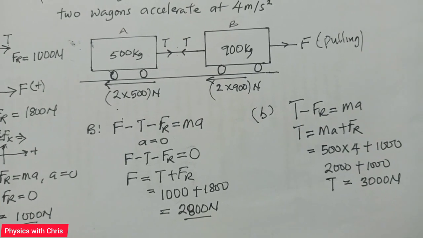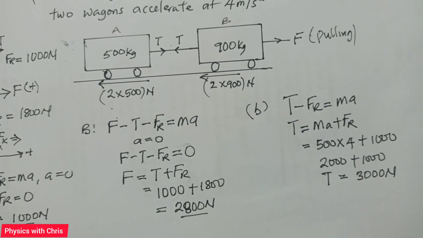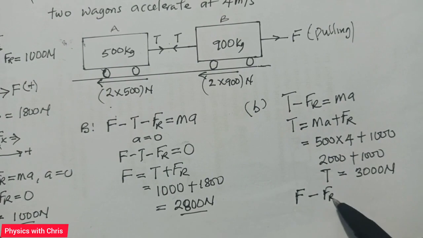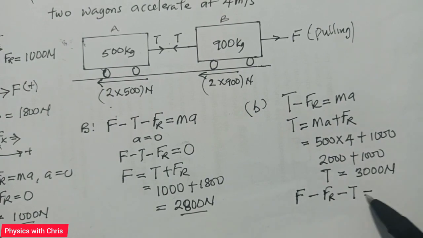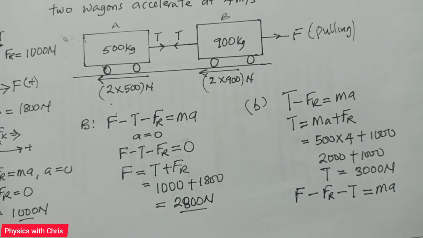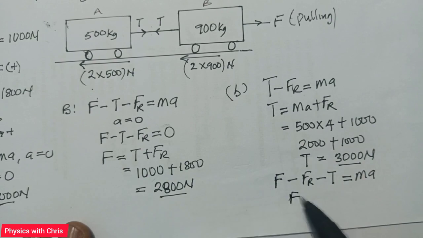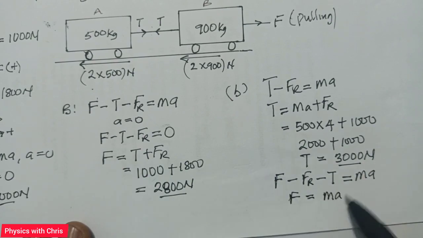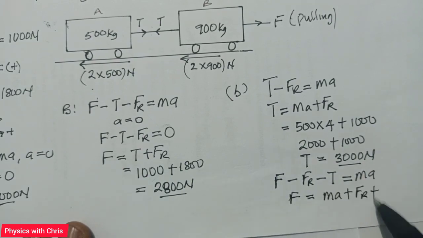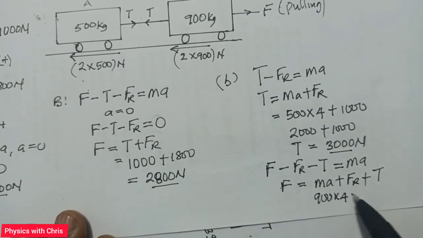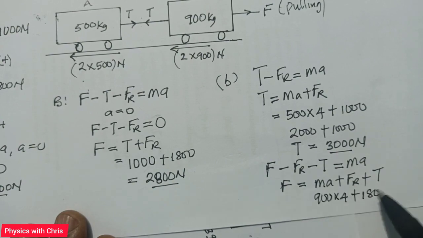Okay? Now we want to find from the second equation of motion. Let's also apply it to the second wagon. The force F minus frictional force minus the tension equals mass times acceleration. Okay? We have already found our T here. So that gives the force F equals ma plus the force of friction plus tension in the string. That gives you 900 times 4 plus our frictional force, which remains 1800, plus the tension, which we have got as 3000.